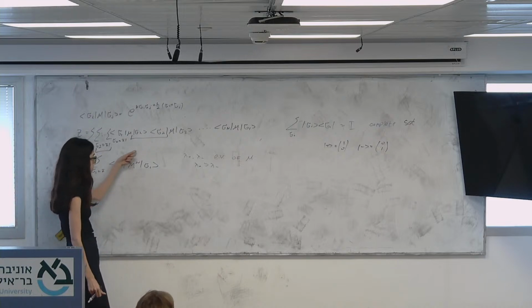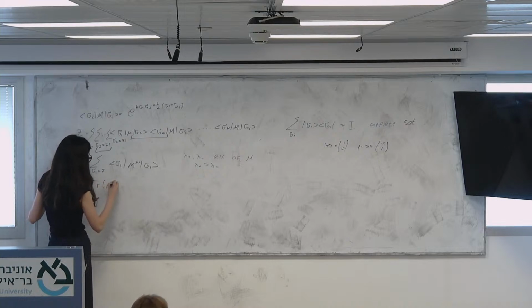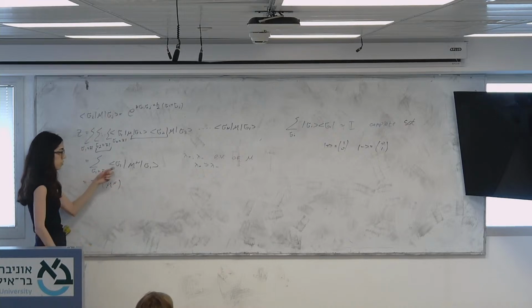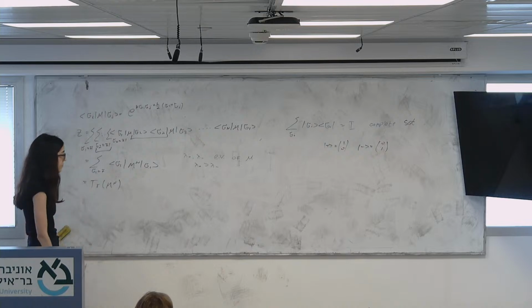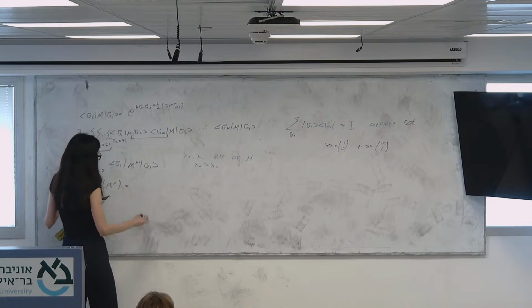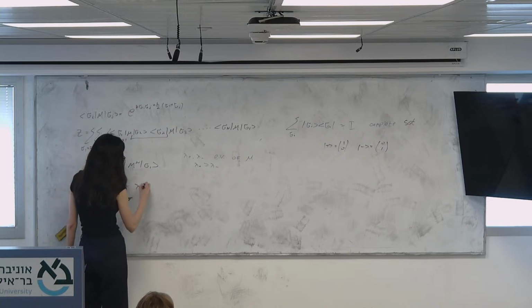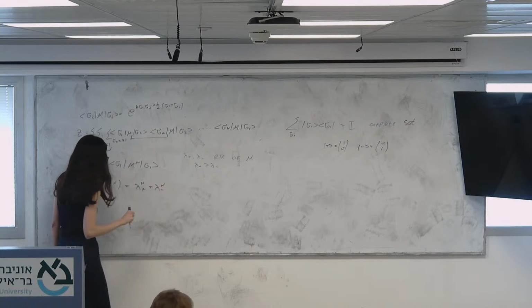So now we can rewrite that thing as the trace of M to the power of n, because this is like the diagonal terms of M to the n. And this we can rewrite as lambda plus to the power n plus lambda minus to the power n.